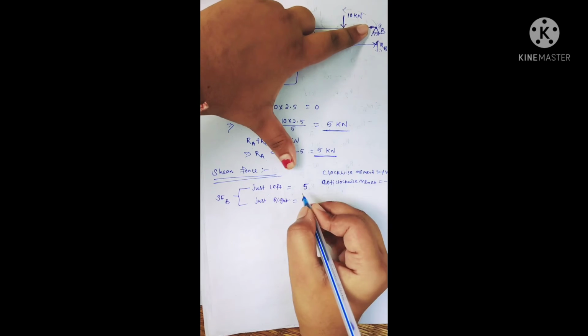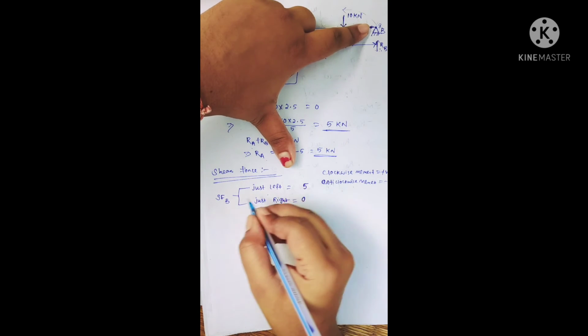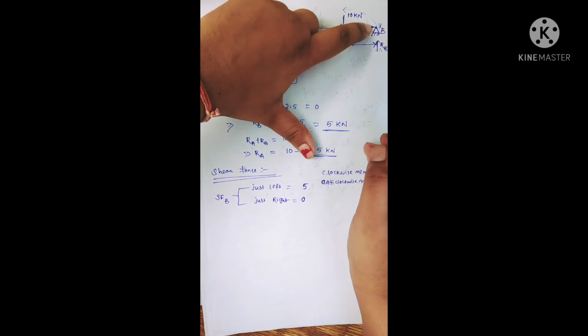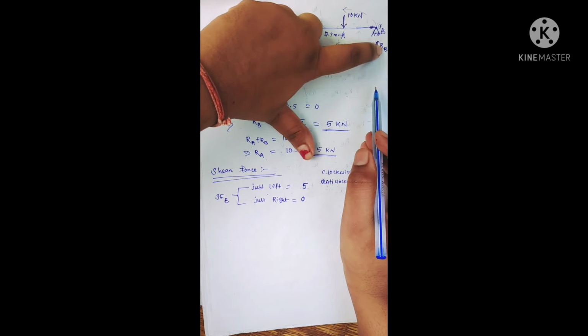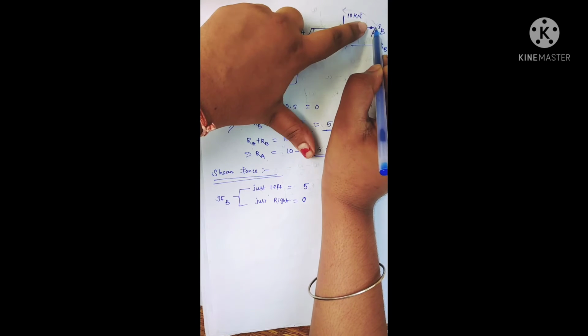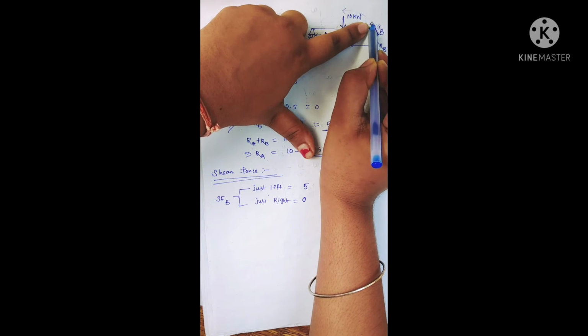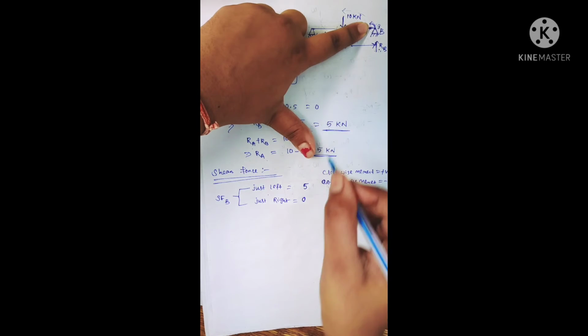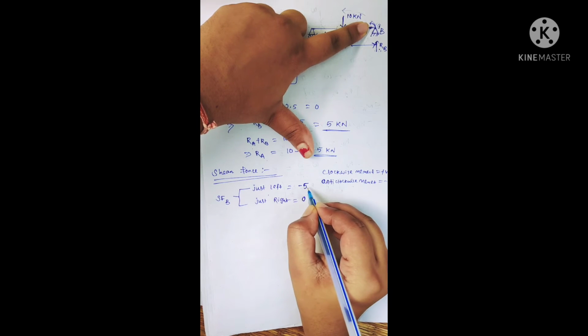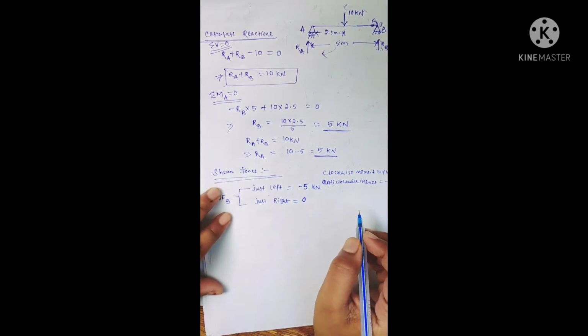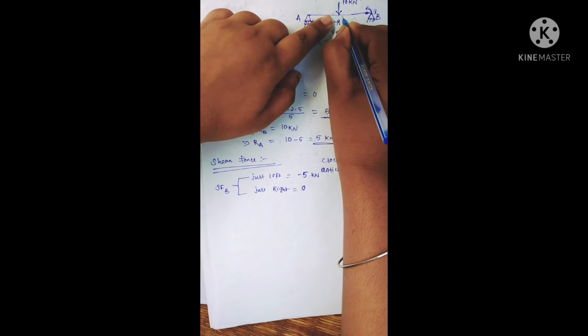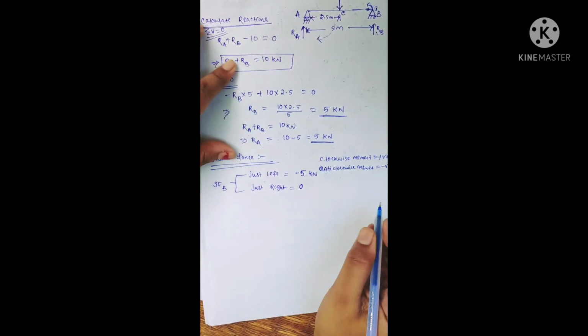Next we move to the sign of shear force at B. This force RB gives anti-clockwise moment about that point, so it will be negative, so it is minus 5 kilonewton. Next we move to the point C, that is at the midpoint.